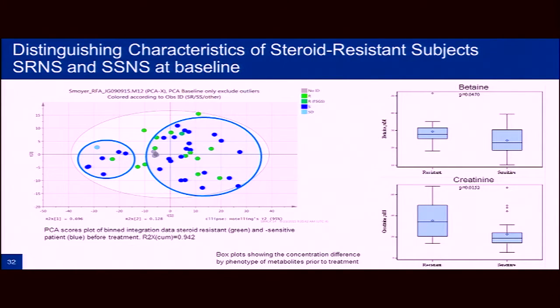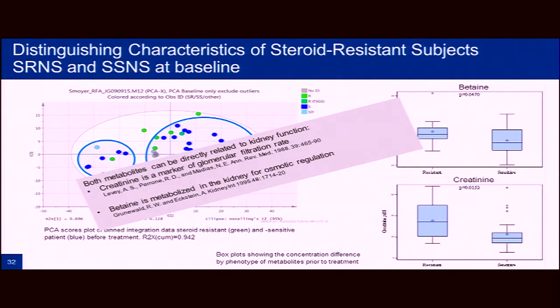So creatinine, as you know, is an important marker. Betaine is metabolized in the kidney for osmotic regulation. So I find it very encouraging that it seems to be reporting specifically on kidney function.